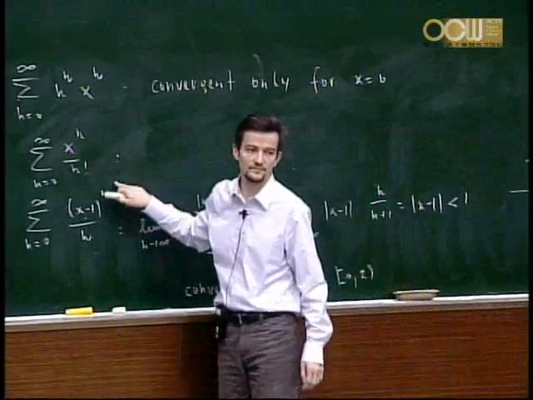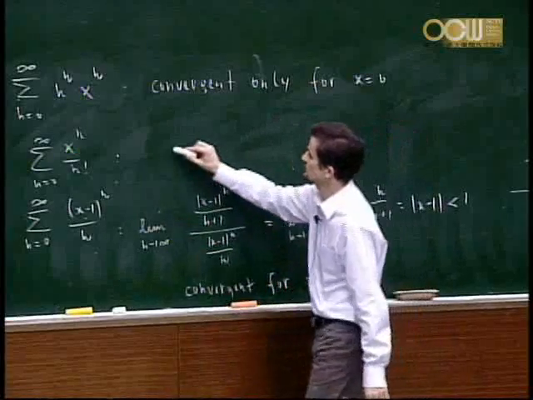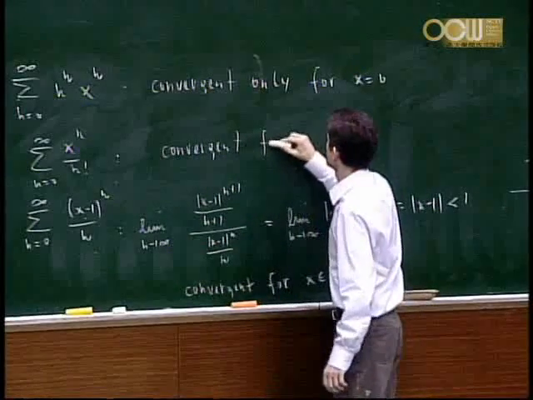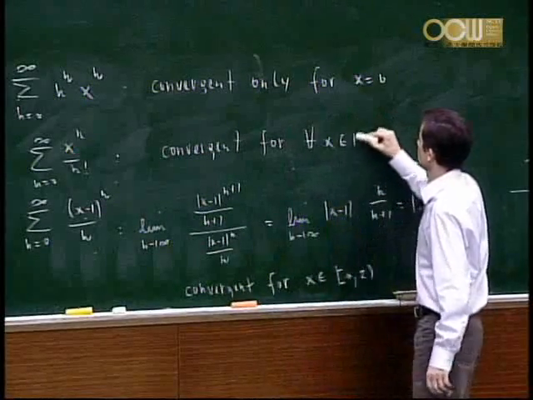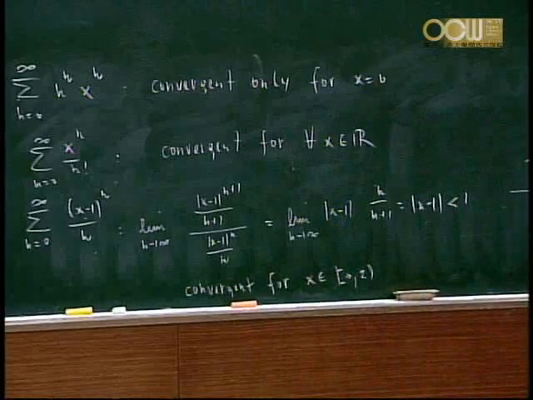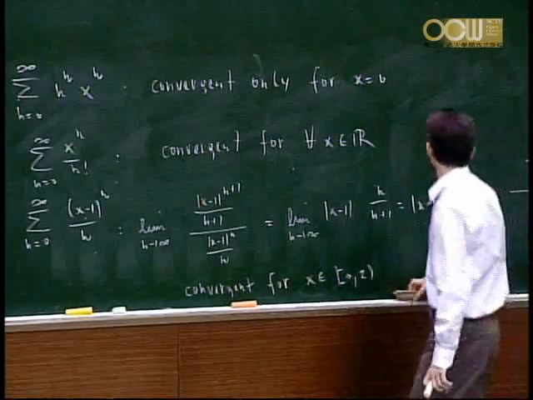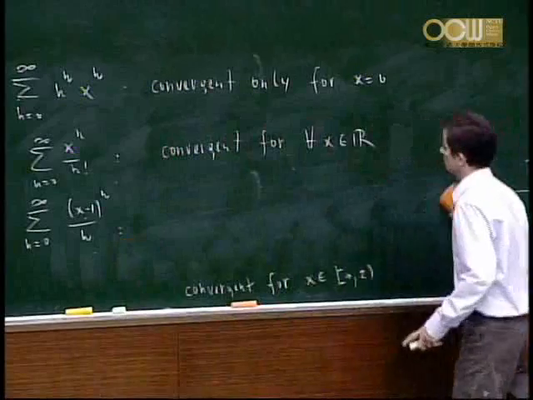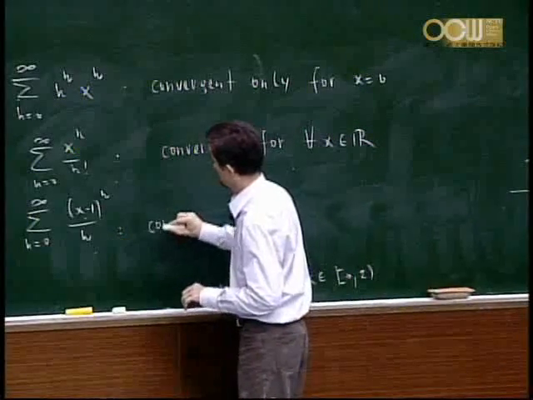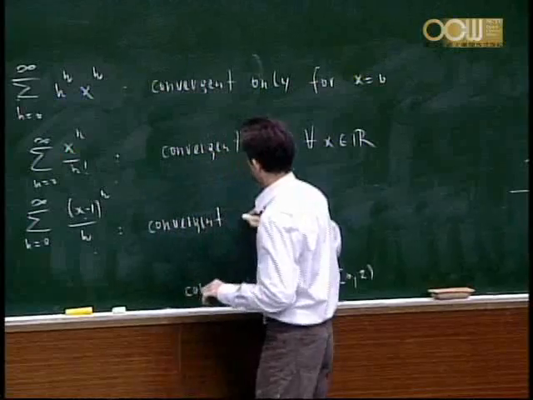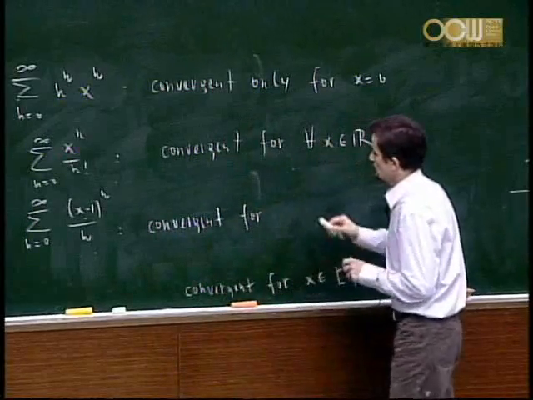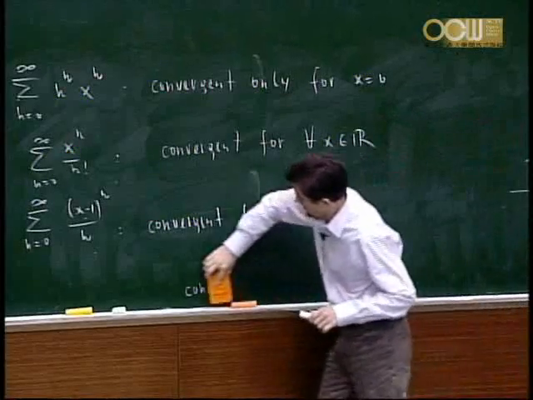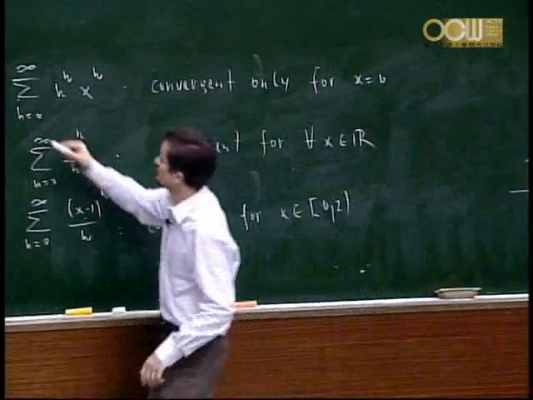So this is also a power series, and we already saw before using the ratio test that this series is convergent for all x. So these are 3 examples. So maybe I erase this and write here convergent for x. So these are 3 cases. So this is the first case.